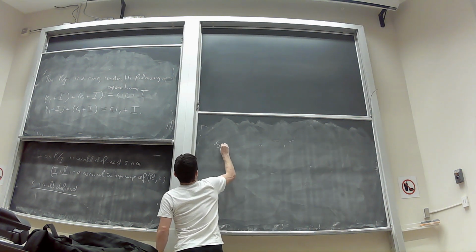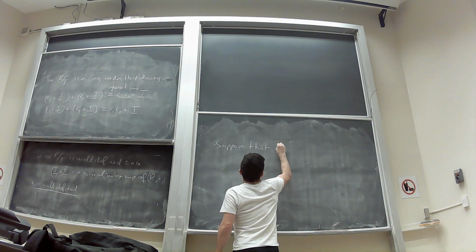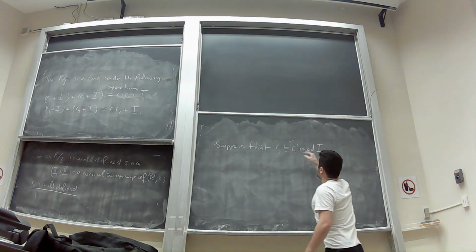Well, suppose that R1 is congruent to R1 prime mod I. What does this congruence mean?